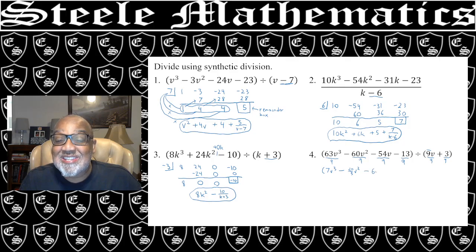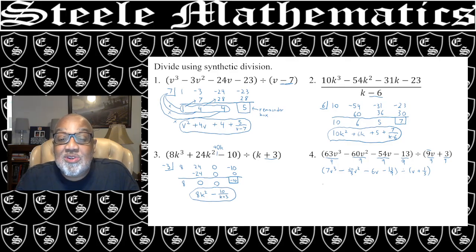Minus 6v minus 13 over 9, divided by v plus 1/3. Okay, so as you can see, we rewrote the problem dividing everything by 9 so that the leading coefficient of your divisor can be 1.